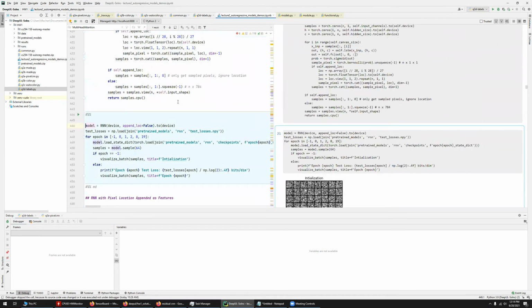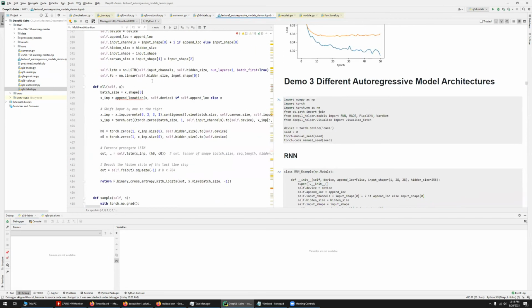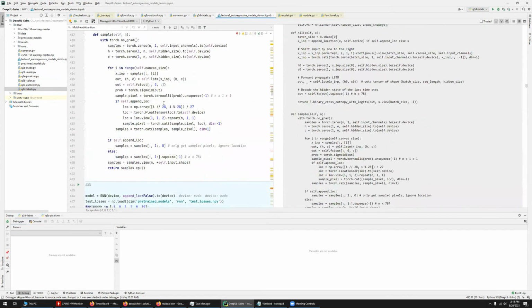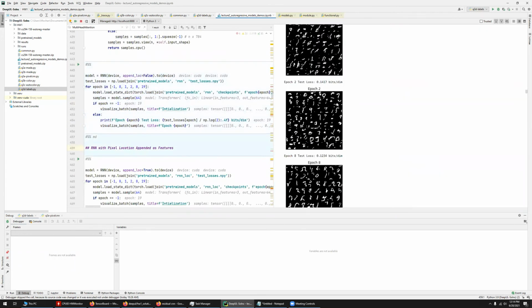If we look at how they do it, they load the pre-trained models, and we have a whole bunch of these models that are already pre-trained, and then they can just use the model. So none of this is actually being used. This is just code that doesn't actually get used when we run the Colab notebook, but the models are already there.